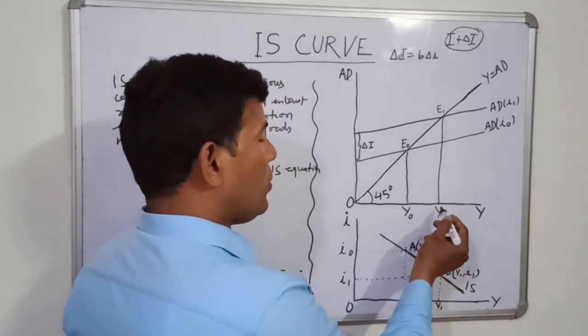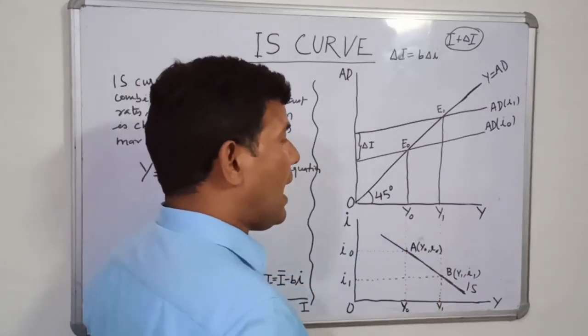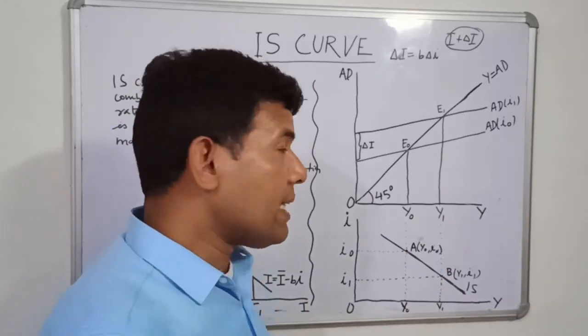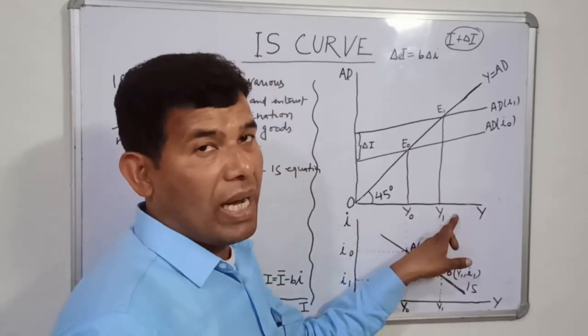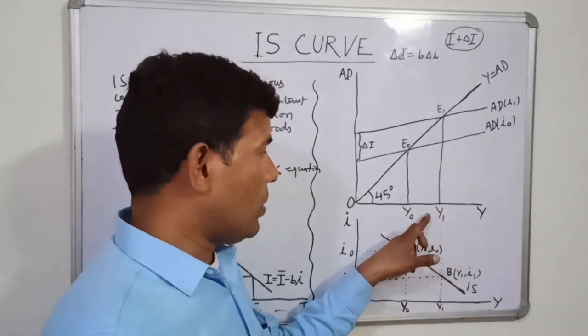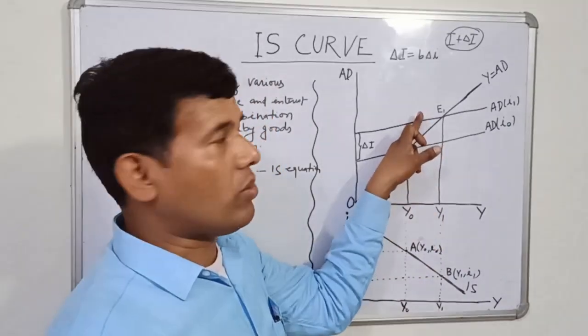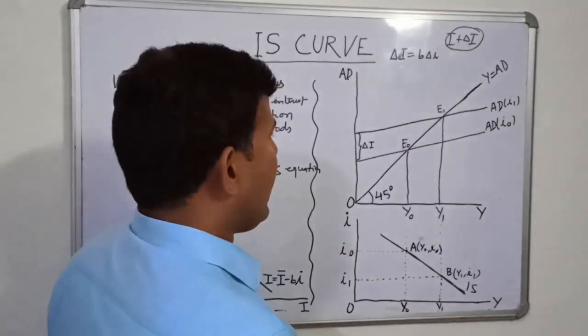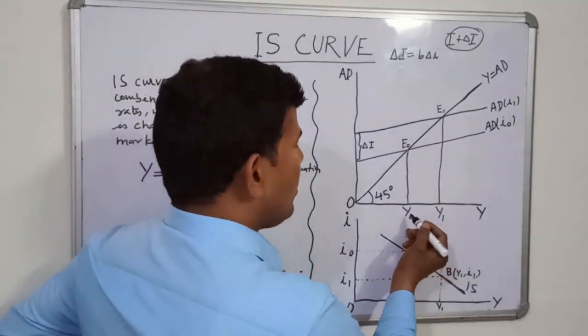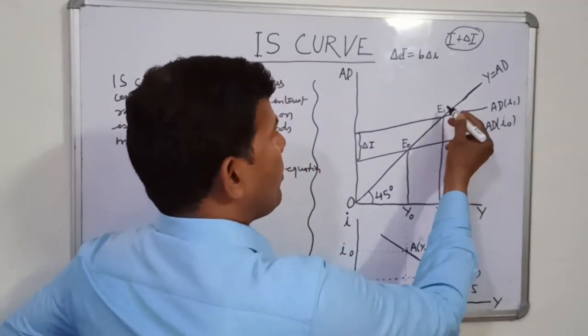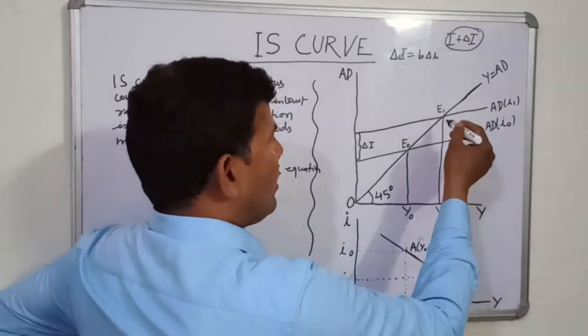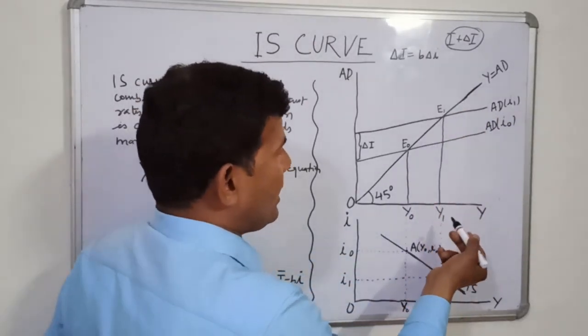That means your income level would rise, and till what point will it rise? Till it reaches Y1, because as long as it is below Y1, right, there is always excess demand in the economy, right?